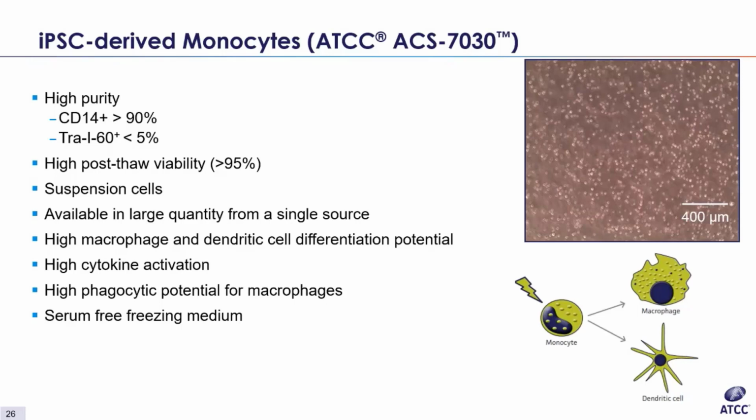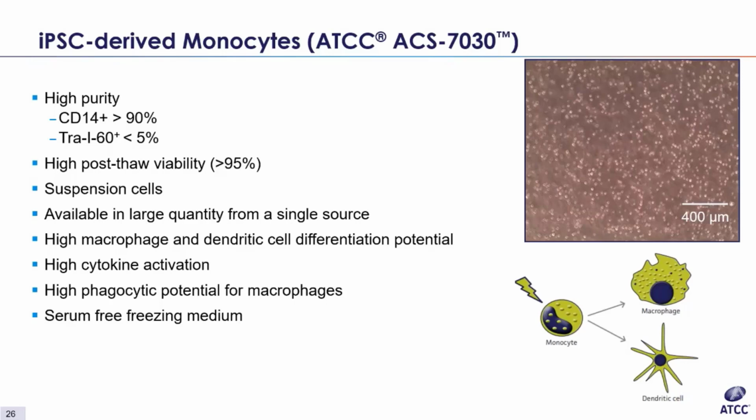Like the other iPSC-derived lines, they have high purity and post-thaw viability. We see greater than 90% of the cells to be CD14 positive. Like the other iPSC-derived cells, production lots derived from a single clonal source provide for limited lot-to-lot variability.